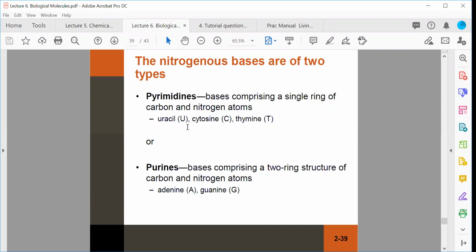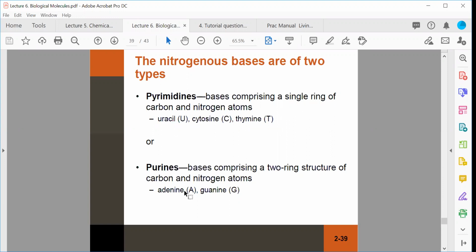So the pyrimidines include uracil, cytosine and thymine, and they're given the abbreviations of simply U, C and T. The pyrimidines are those nitrogenous bases that simply consist of a single ring of carbon and nitrogen atoms.